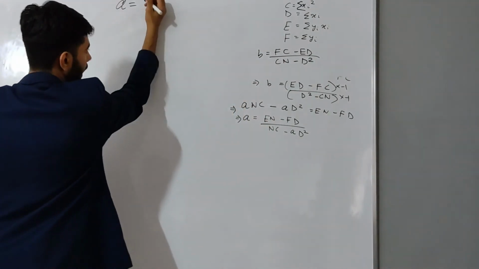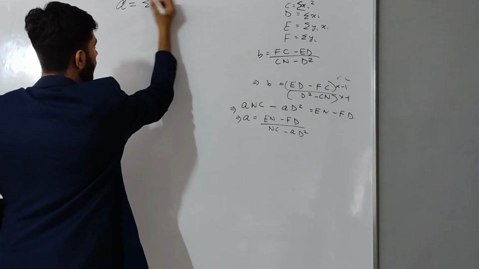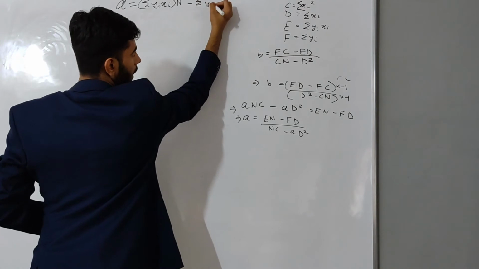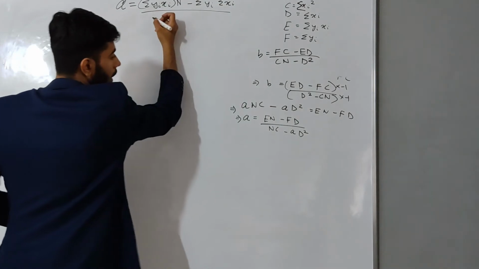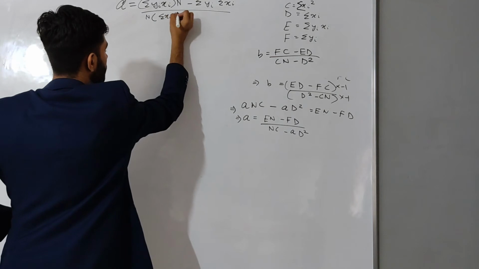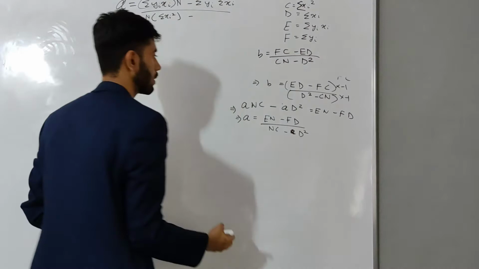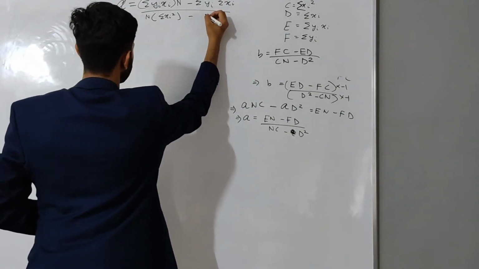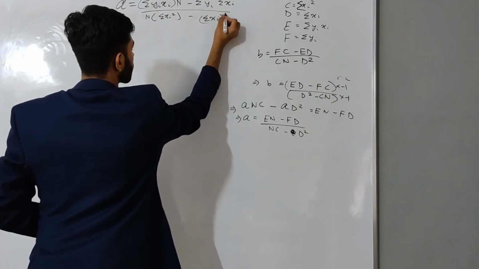Now this equation will look like a is equal to summation of yi xi multiplied by n minus summation of yi multiplied by summation of xi, and the denominator is going to look like n multiplied by summation of xi square minus d square, and the value of d is summation of xi whole square.